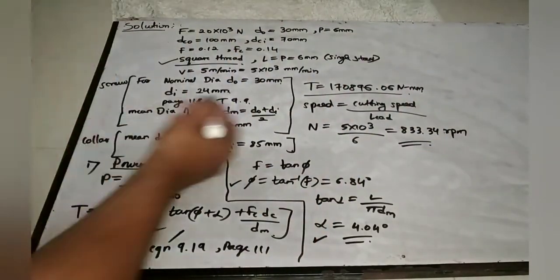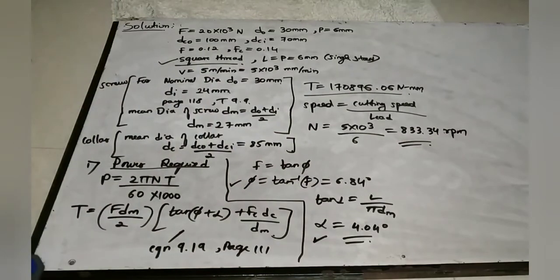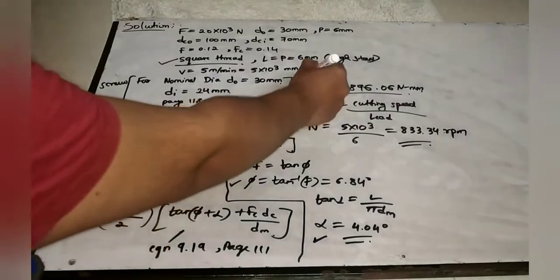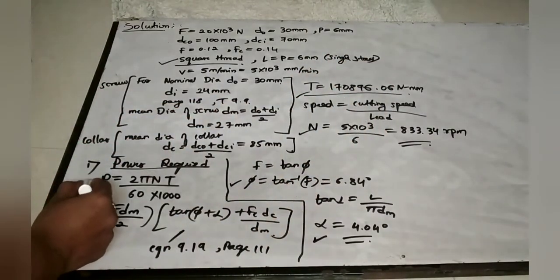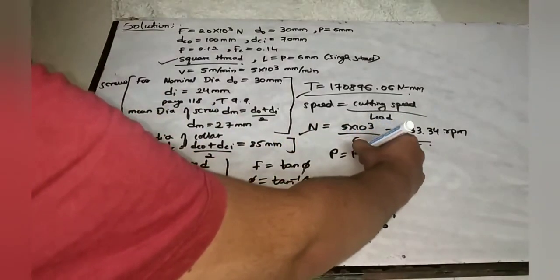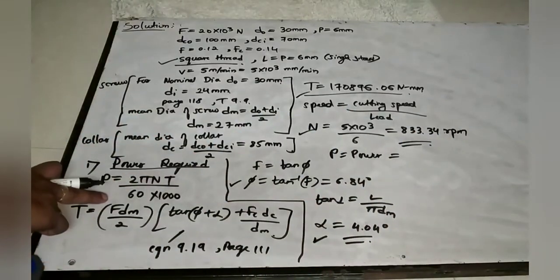Okay. So once you have got this N RPM, it is very easy to get the power now. Substitute the torque value which you got here, and the N value, in this expression for power.